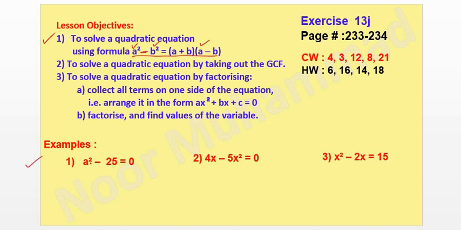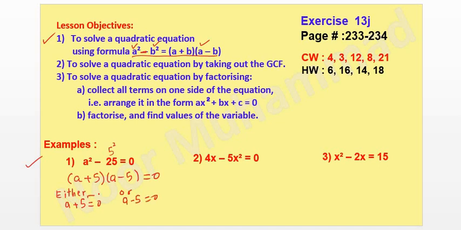Here is the example. So here, as you clearly can see, this is a squared and this is actually 5 squared. So how can I write my answer? I can say it's a plus 5 or a minus 5 equals 0. So either the first factor, a plus 5, will be 0, or the second factor, a minus 5, will be 0.